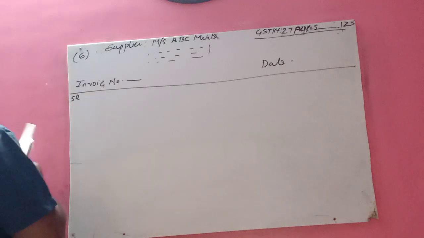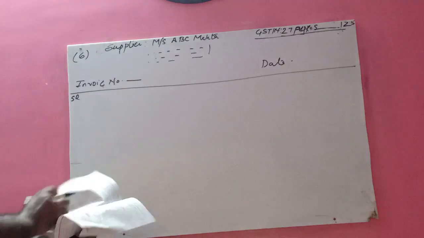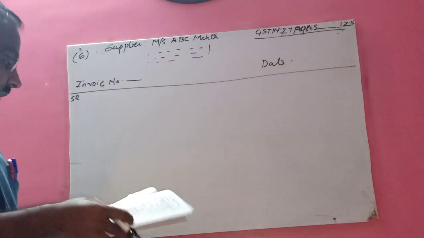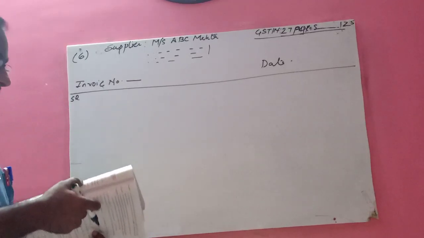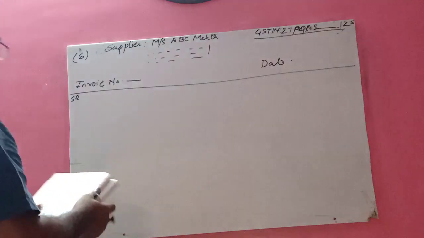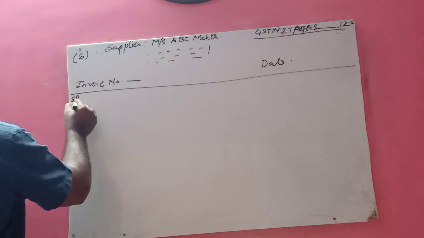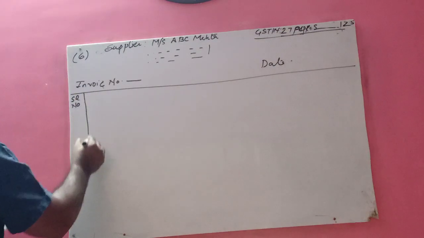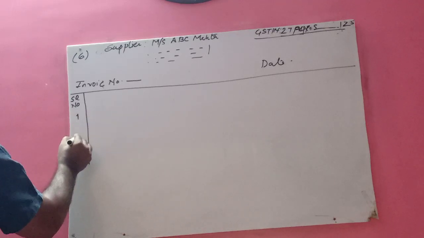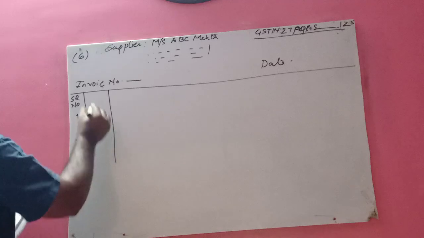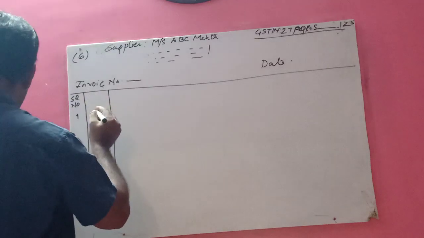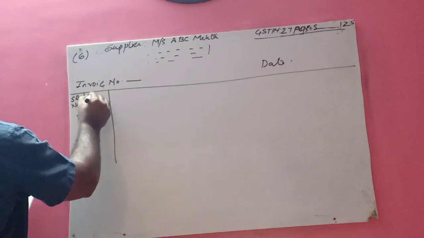I told you, you can see on page number 82 it is given. Page number 82, see what is given in that. First you write down serial number. We have two items, so 1 and 2. Then HSN code, harmonized system code.